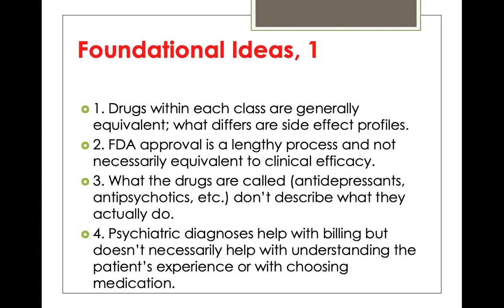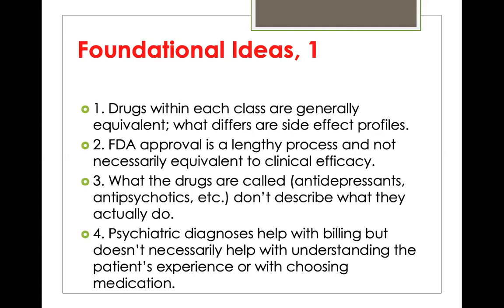What differs are their side effect profiles. So, for example, there's no particular antidepressant that's any better than any other antidepressant. Similarly with anti-anxiety agents, there's no particular anti-anxiety agent that is better than any other.